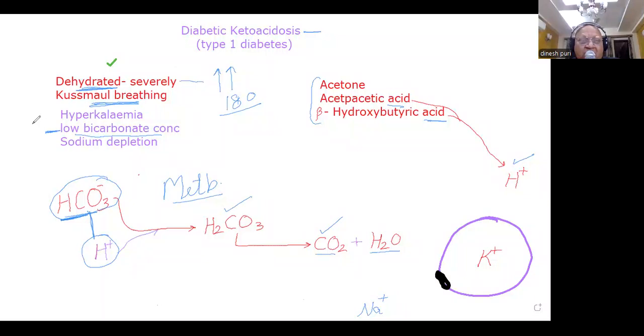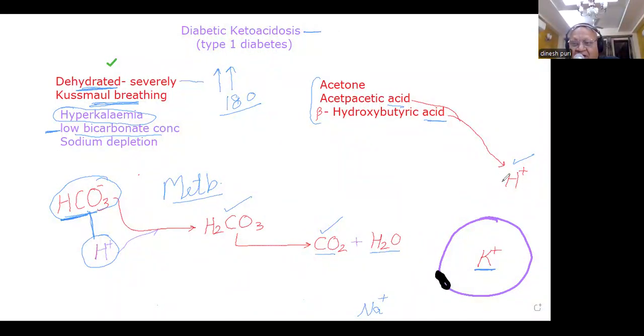Now we come to the next point, why there is hyperkalemia. Hyperkalemia means high potassium concentration in the blood. All of us know that potassium is the major intracellular cation. It is present in higher concentration within the cell. So this shows a typical cell.